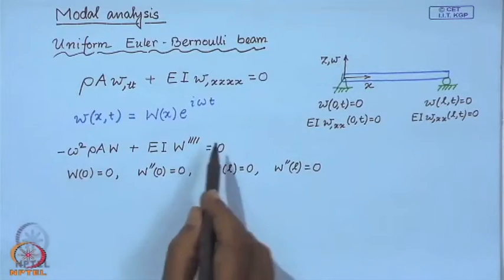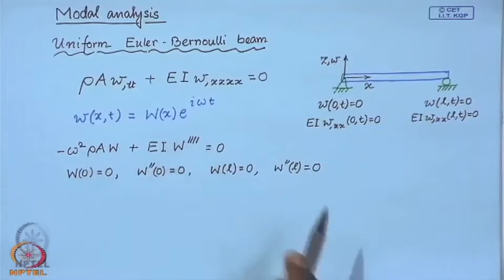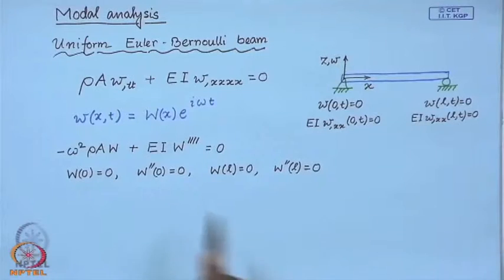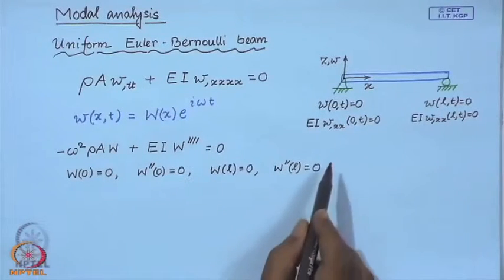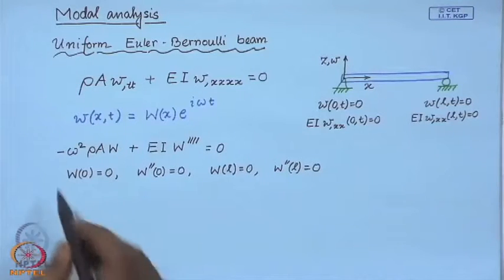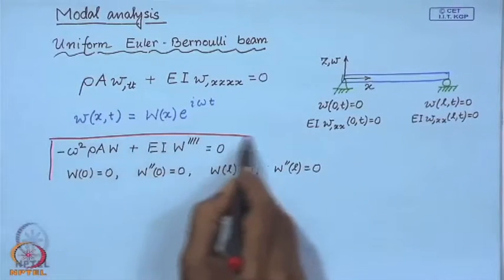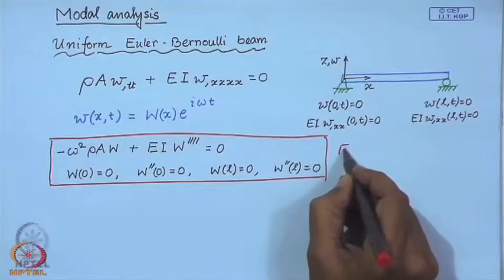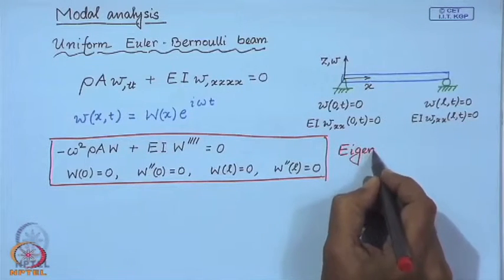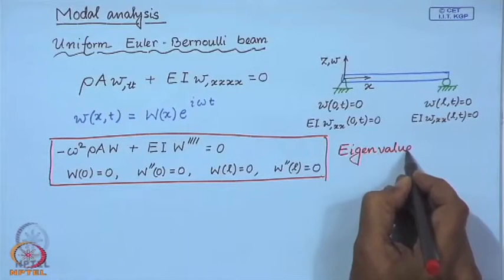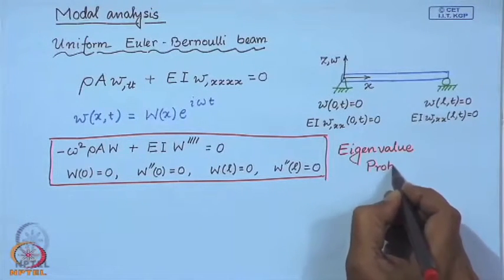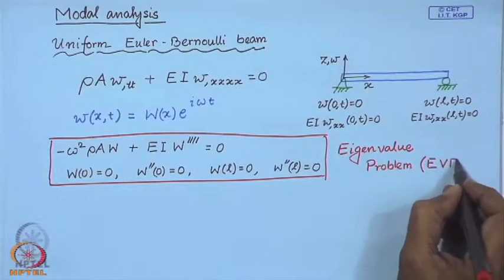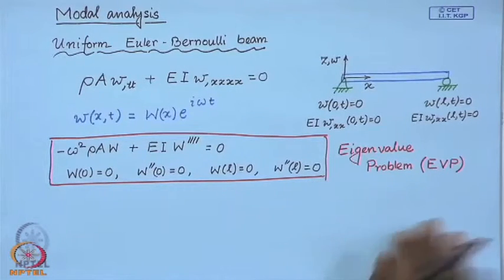So, we have an ordinary differential equation of fourth order in W, which is the space function, and we have these 4 boundary conditions, which define what is known as the eigenvalue problem, abbreviated as EVP.